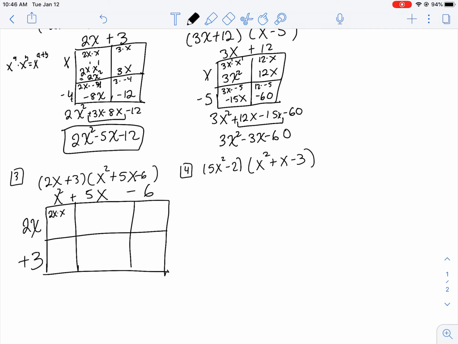And then we're going to multiply the length and width of each box. Notice how I'm not caring about the order I put in multiplication, because it doesn't matter.